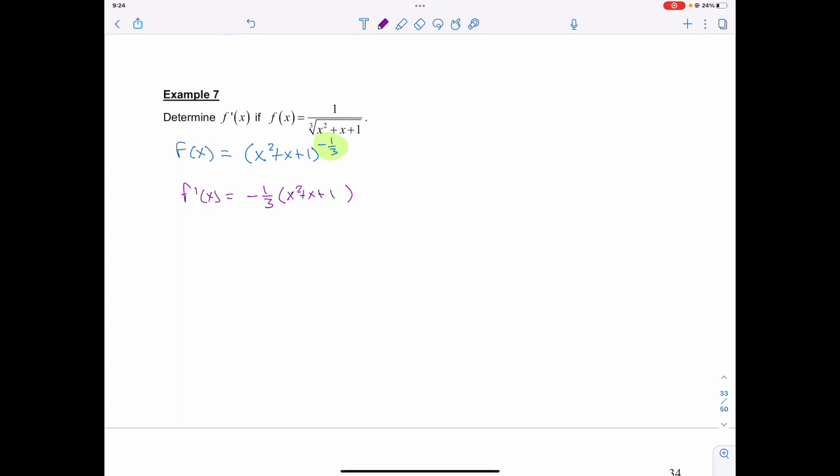And then when I take that n minus 1, if I have negative 1/3 minus 1, then that's going to be the same as negative 4/3. Then I'm going to take the derivative just of what's inside that shell, or the x squared plus x plus 1, and the derivative of that is going to be 2x plus 1. Once again, just like in the previous cases, I have the outer derivative and I have the inner derivative.